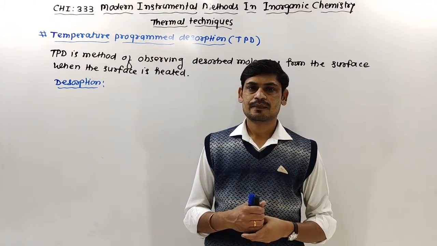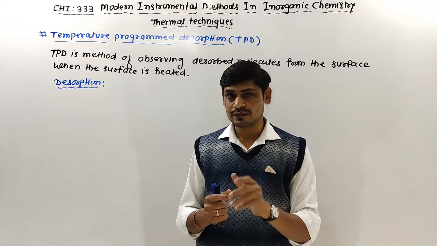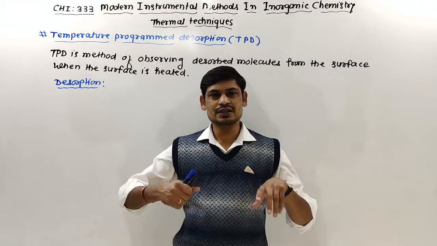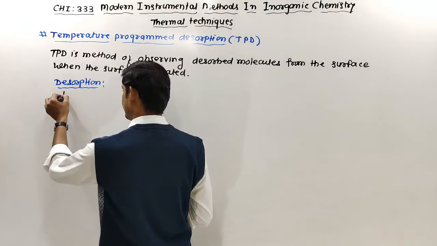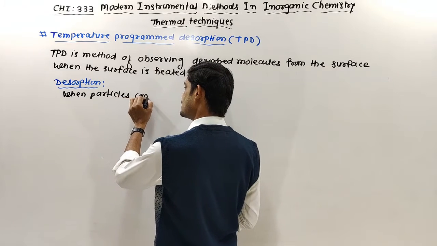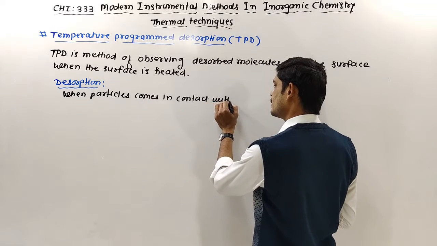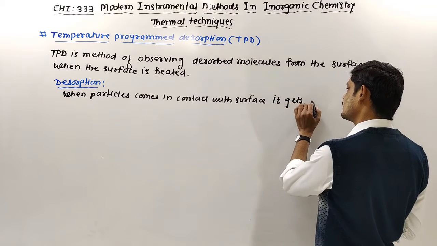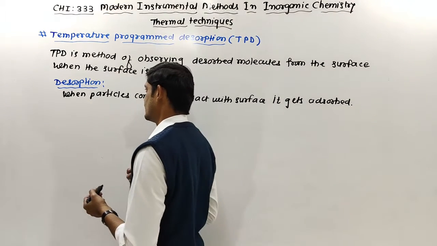When particles come in contact with the surface of any object, they get adsorbed by releasing their energy and become stable. Am I right? When particles come in contact with the surface, they get adsorbed.